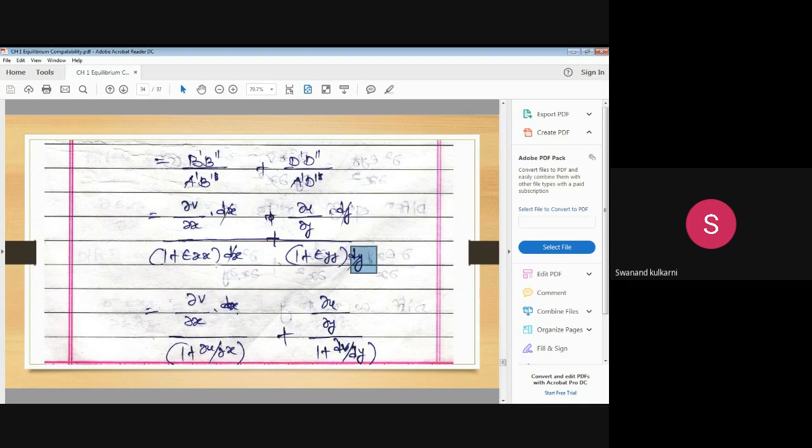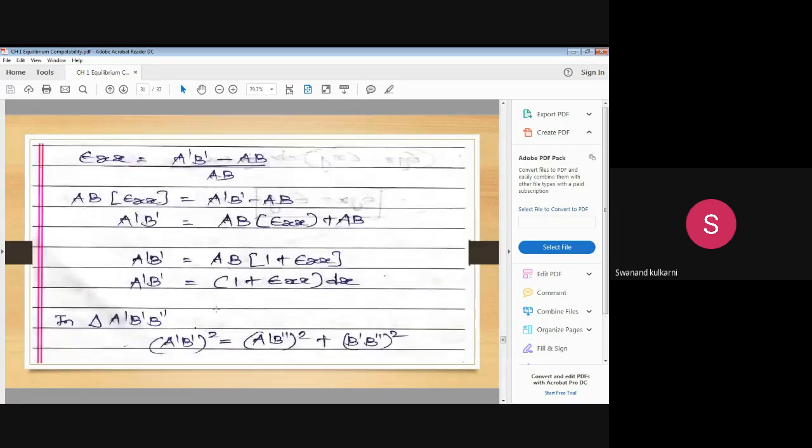But here we should understand that epsilon xx is equal to ∂u/∂x, and epsilon yy is ∂v/∂y. So in the next step, a small change has been made here, that epsilon xx is replaced by ∂u/∂x, and epsilon yy is replaced by ∂v/∂y. Is it okay? So let us refer to epsilon xx and epsilon yy in individual forms from which we have framed.